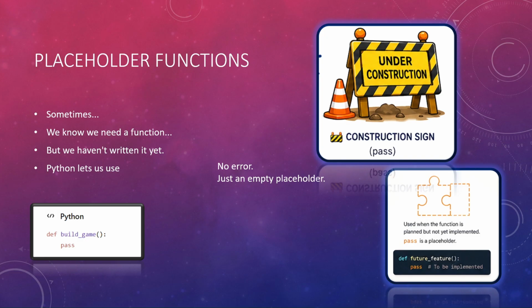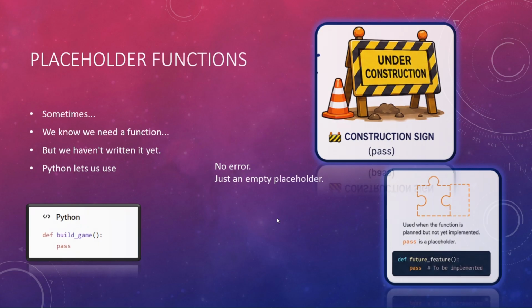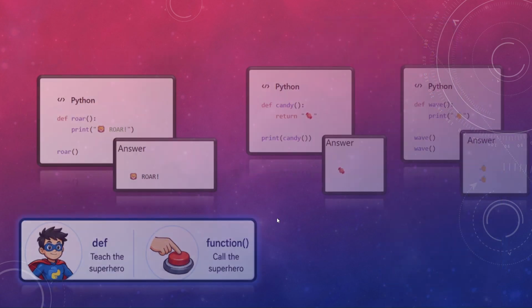What do we do? We just define the function name and then write pass. So we know we need this function, but we haven't written it yet. Python lets us use it, we just need to have a placeholder there. We use the statement pass to create that placeholder. So it's just an under construction function.